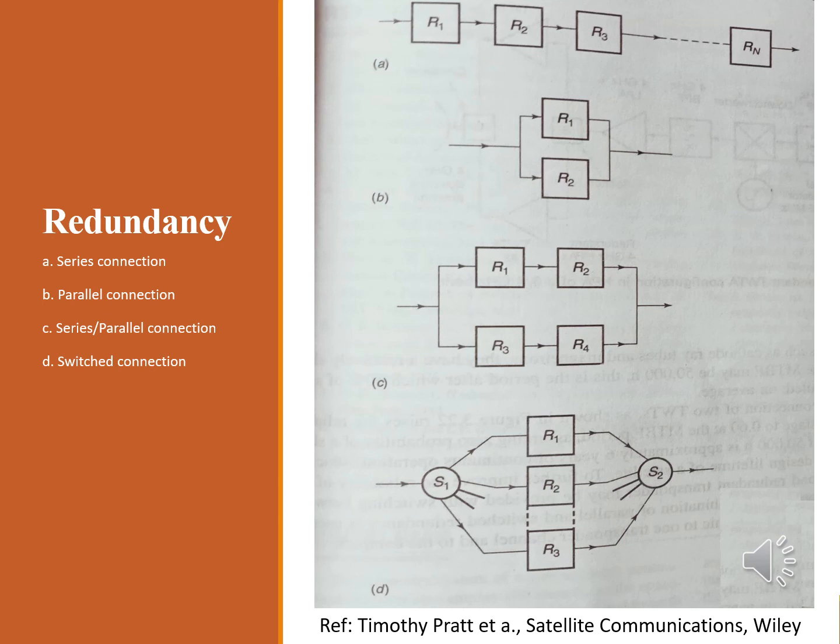And a switched connection is often used to provide parallel paths with multiple transponders. These are illustrated in the figure shown on the screen. Also, the hybrid arrangement, which is a series parallel connection, is widely used for electronic equipments.